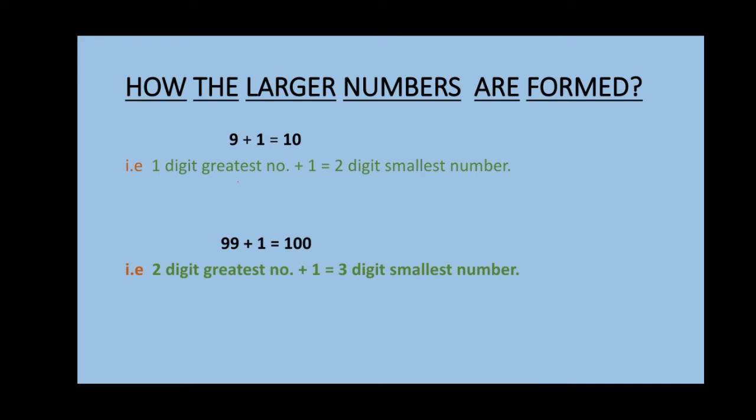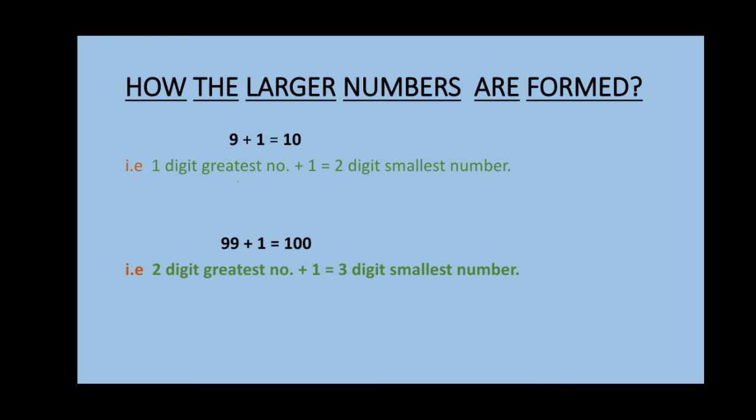Now on the next pattern, we have taken a 4-digit greatest number, and when we add 1 to it we get a 5-digit smallest number, that is 10,000. Now on the further pattern, when we take a 5-digit greatest number and add 1 to it, we get a 6-digit smallest number, that is 1 lakh.